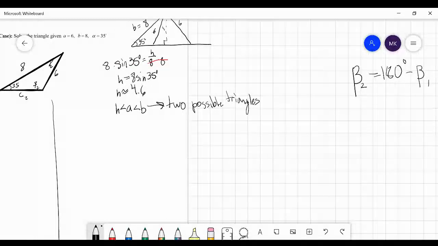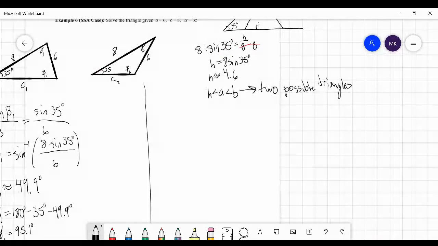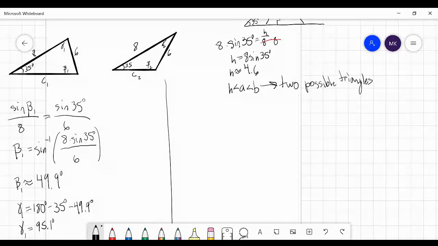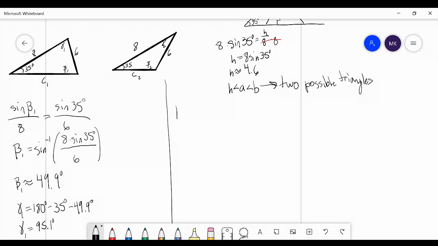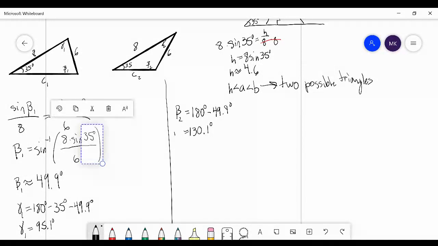Okay. So we know what beta 1 was. Beta 1 was 49.9 degrees. That means beta 2 is 180 degrees minus 49.9 degrees, which is equal to 130.1 degrees.